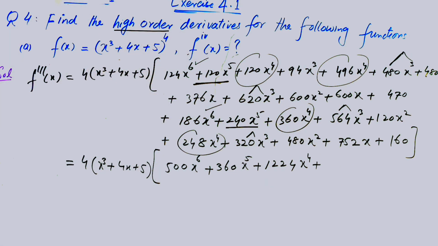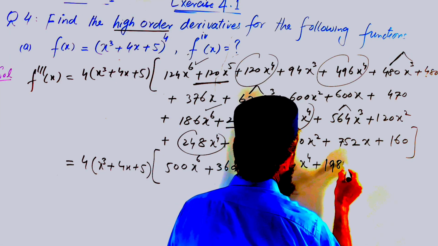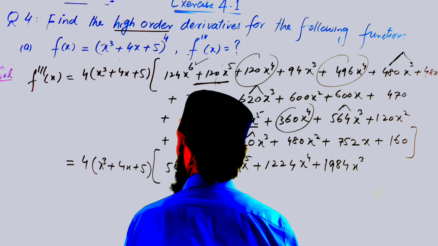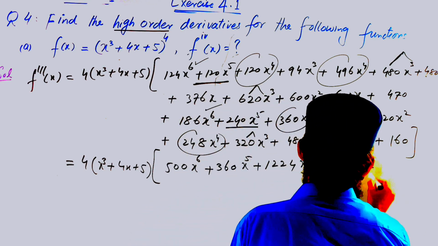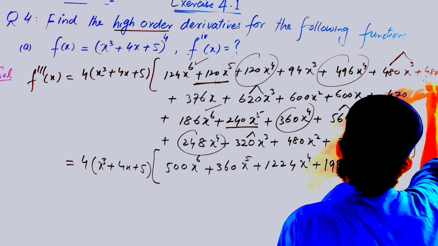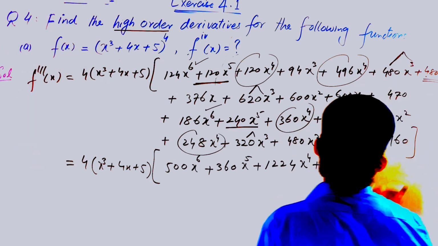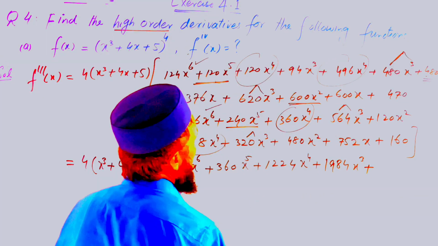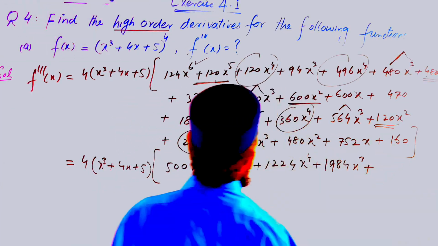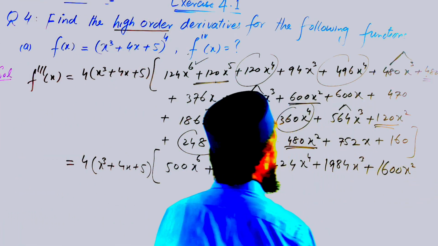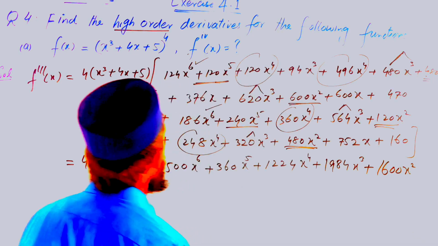So 484 x cube plus x square is required. X square term is 480, 120 and 480 x square.